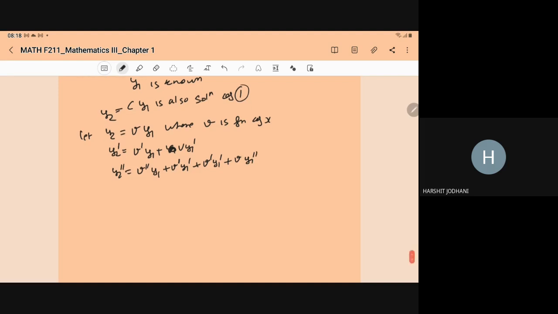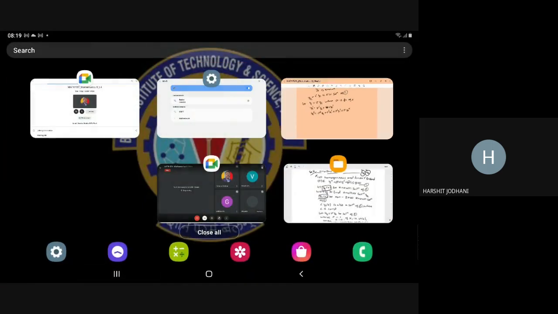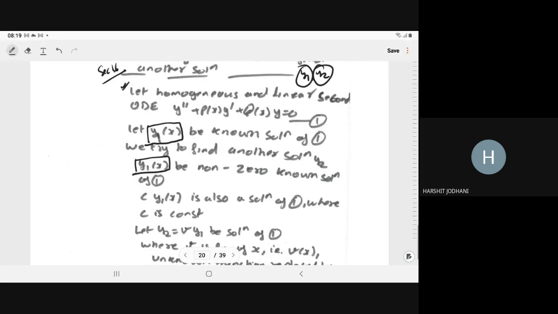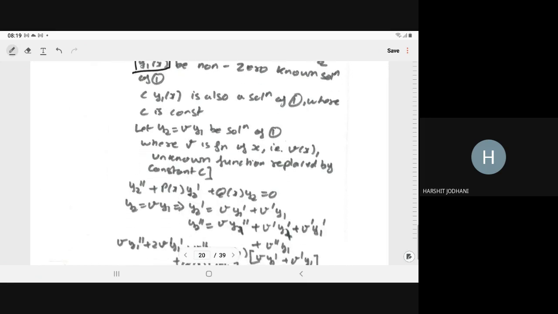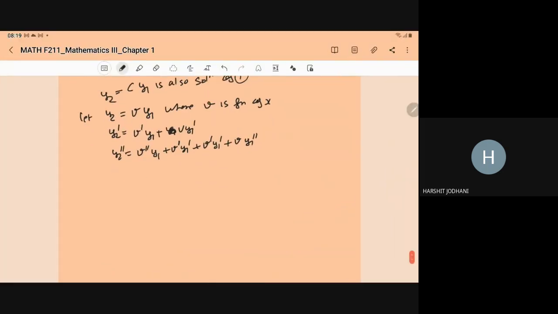Now we are claiming that y2 is equal to v y1 is the solution of the given equation. When it is a solution of the given equation, it must satisfy the given equation, meaning y2 double dash plus p(x) y2 dash plus q(x) y2 is equal to 0.